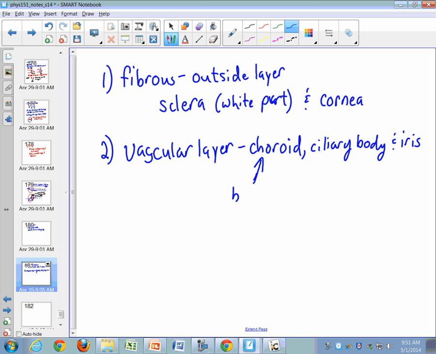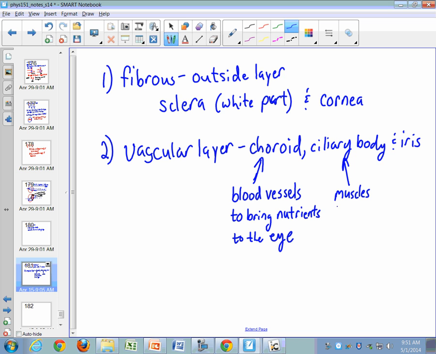It brings nutrients to the eye. Keeps it healthy. The ciliary body is a group of muscles. These change the shape of the lens. And then, of course, the iris is the colored part of your eye.